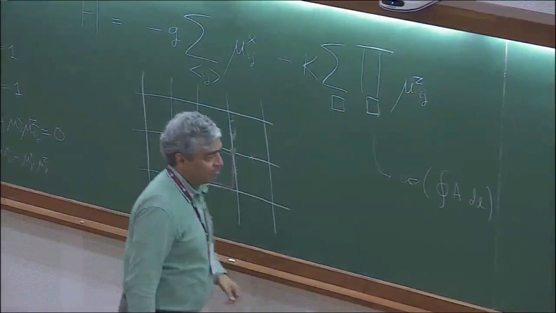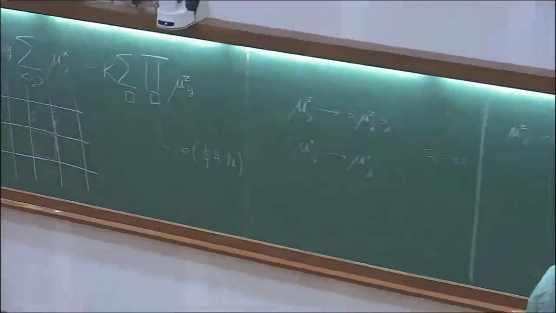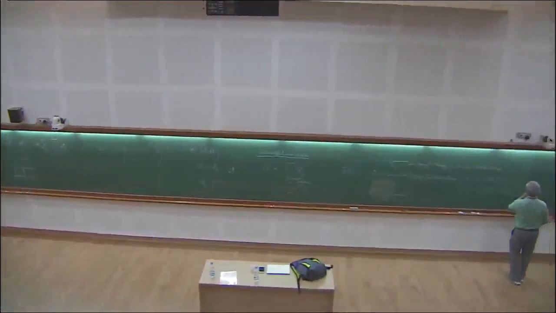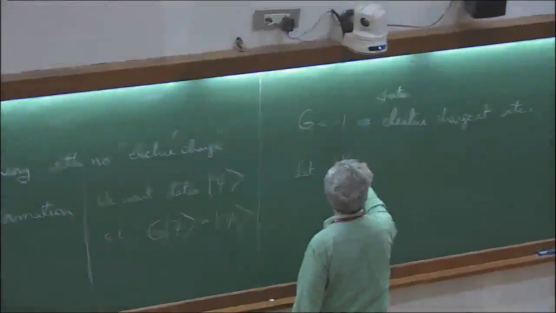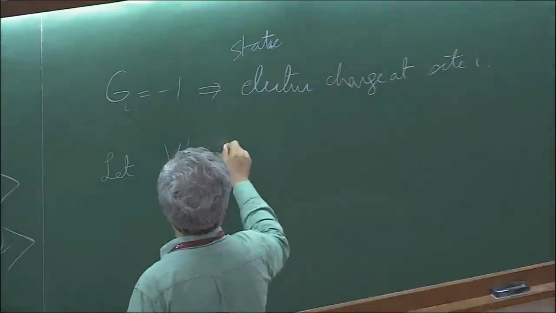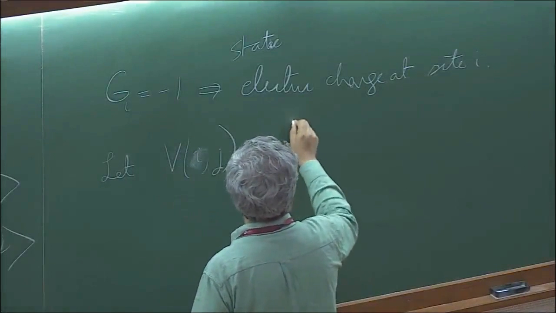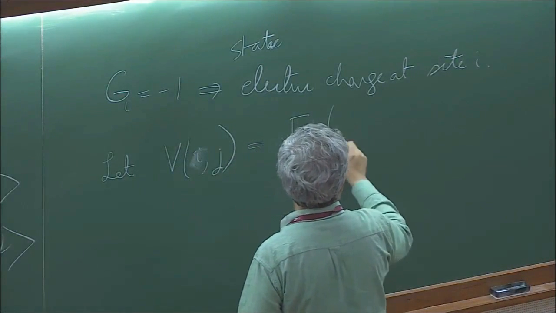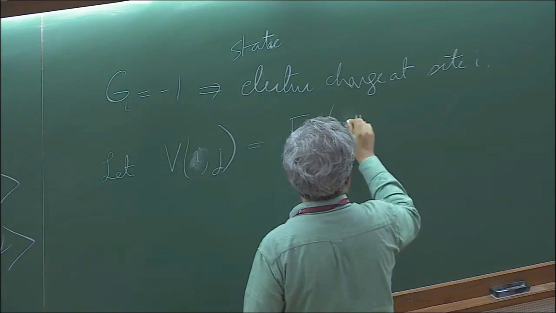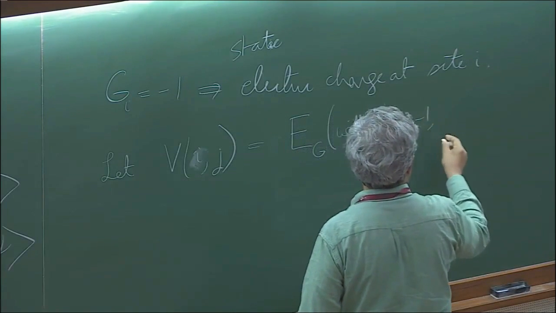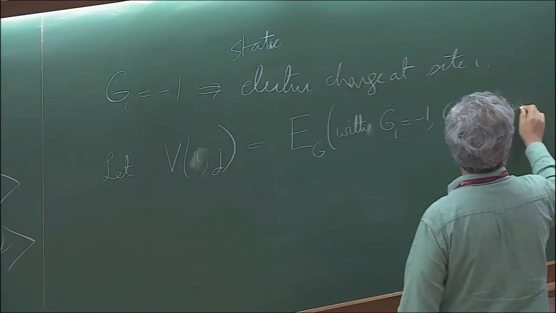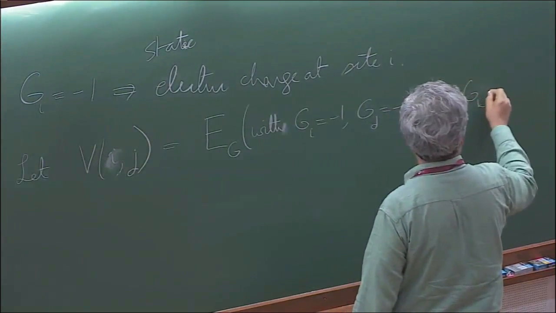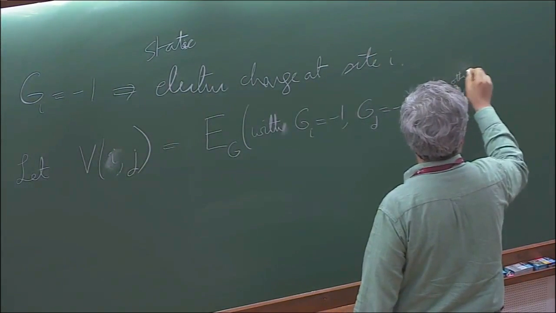So we can define the potential, so let me write this out. Let V of I comma J equal the ground state energy, Eg, with Gi equals -1 and Gj equals -1 and all other Gk equals 1.